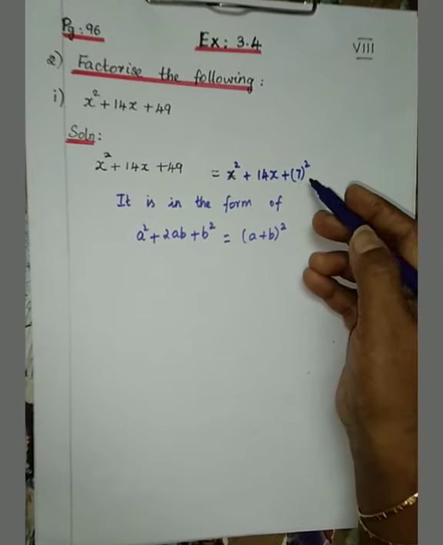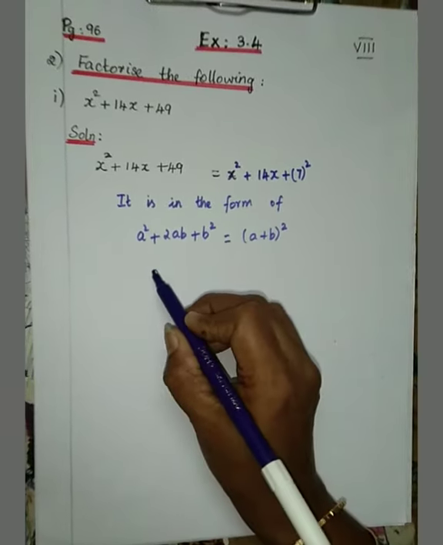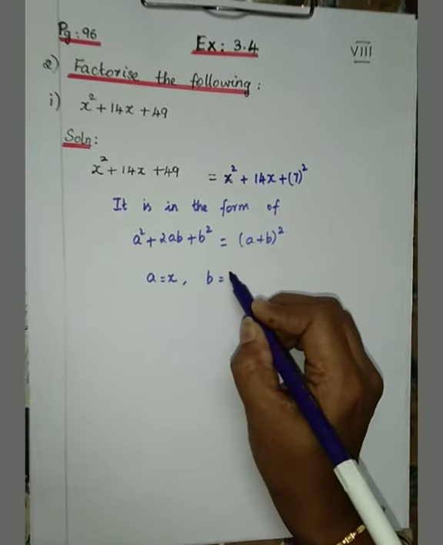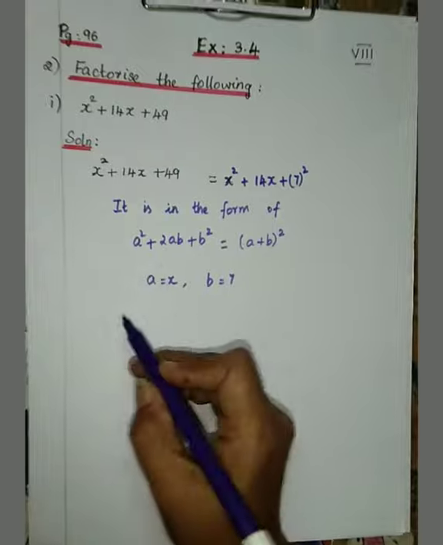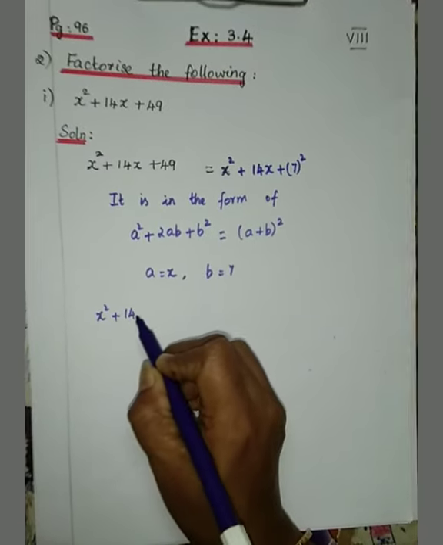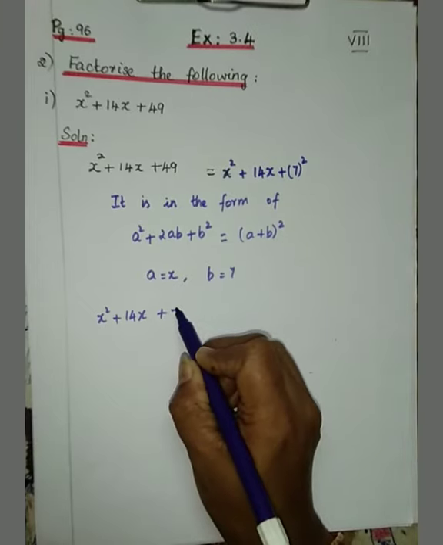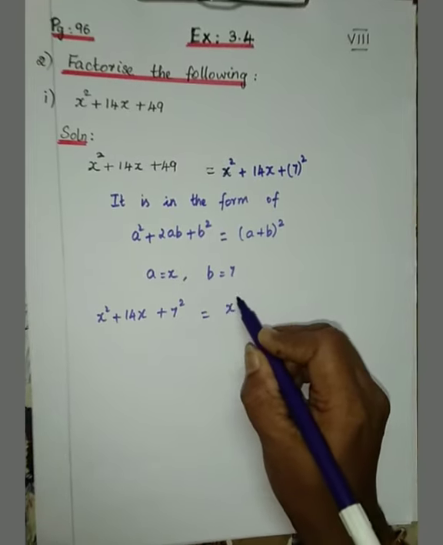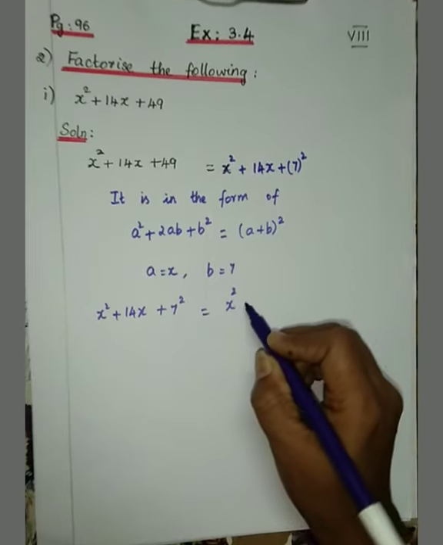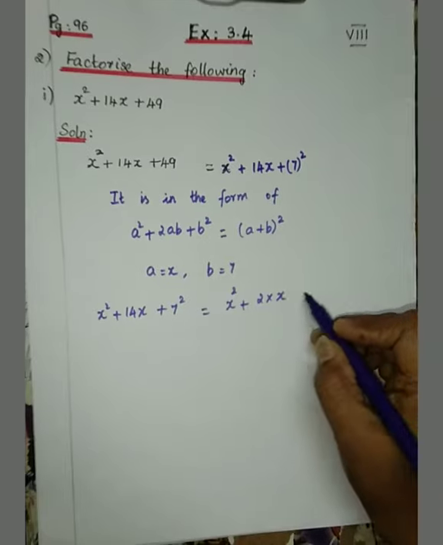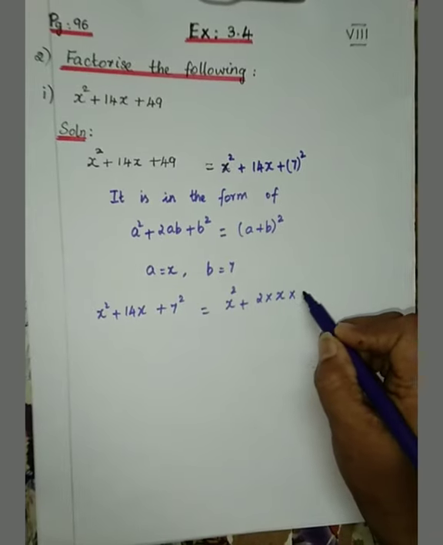So from this we can write a is x and b value is 7. So we can write x square plus 14x plus 7 square can be splitted as a square, that is x square, plus 2 into a value is x and b value is 7.